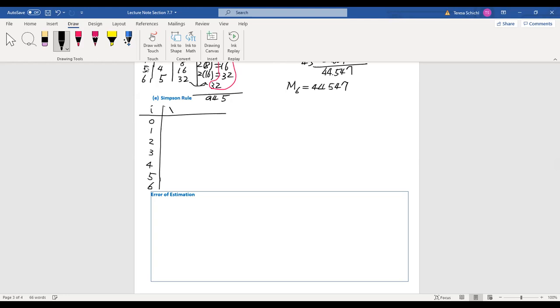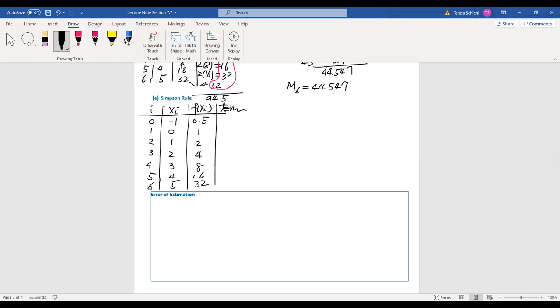So the xi here is the same thing, starting with -1, 0, 1, 2, 3, 4, 5. Then we put the f of xi. So this is 0.5. Then we have 1, 2, 4, 8, 16, 32, right?